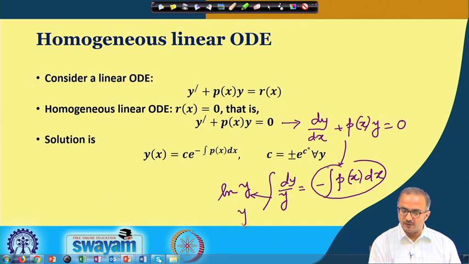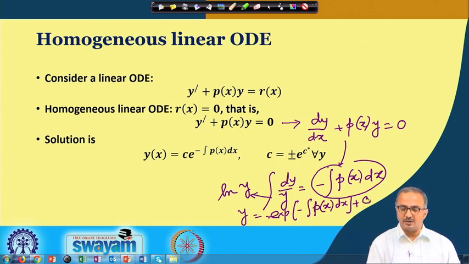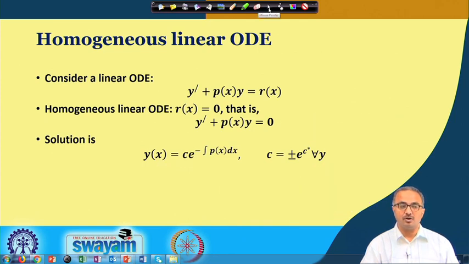That means, y will be equal to exponential of minus the integral of p x dx plus some constant of integration. So, that is how you are getting this particular expression. Now, you see that this value of the integration constant may again be obtained from the initial conditions of the given problem.